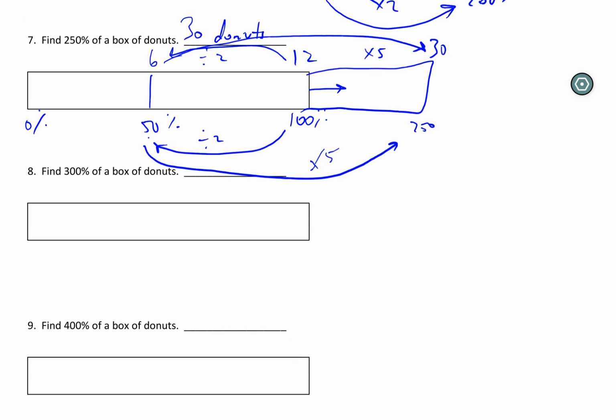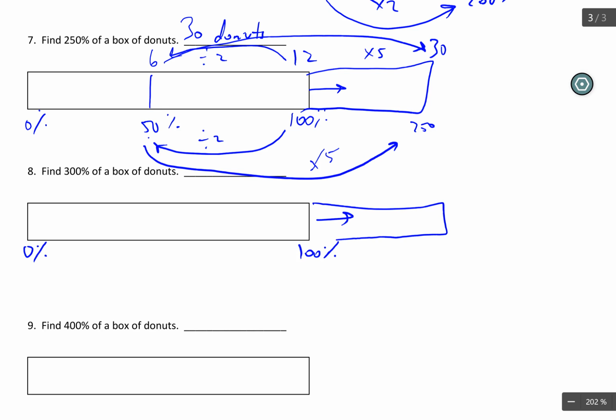All right, so 300% is an easy one. That's going to be an increase, so I will multiply. There's 12. To get from 100 to 300%, I'm going to multiply by 3. So 12 multiplied by 3 will give me 36. So 36 donuts is 300% of a box.